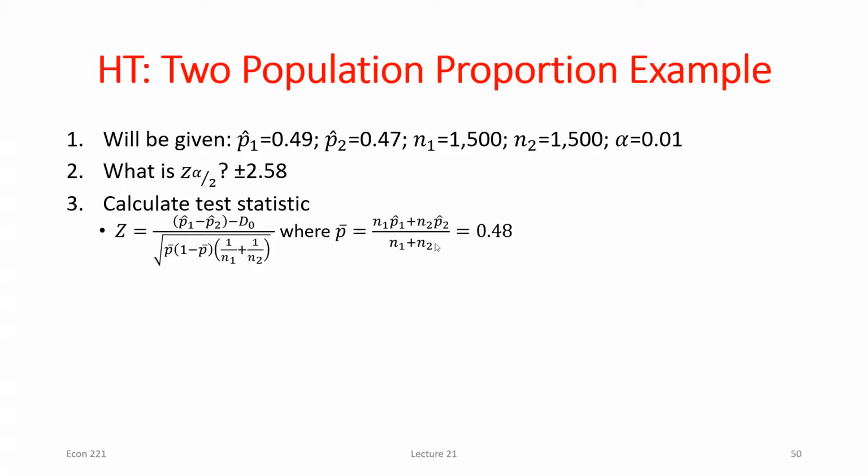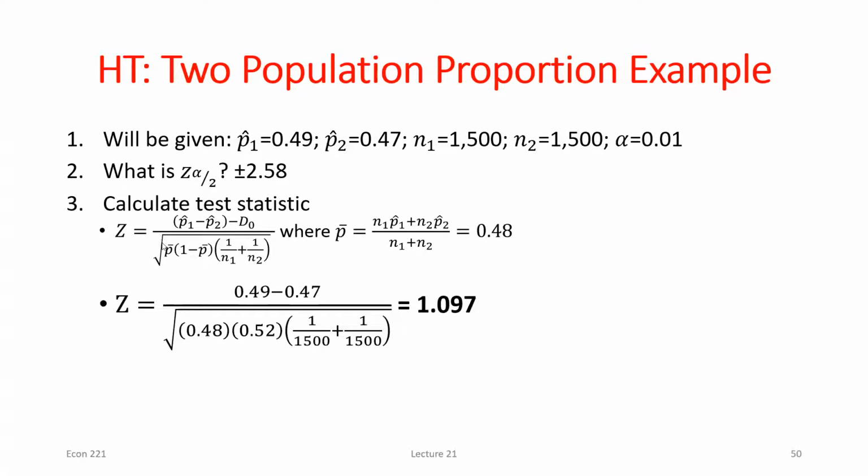So first, just plug in your sample proportions and your sample sizes into our p-bar equation. Now, into our test statistic equation, we have p-bar, we have our sample sizes, we have our sample proportions. The assumed true difference here was 0, so that just goes away. And we get this test statistic of 1.097.